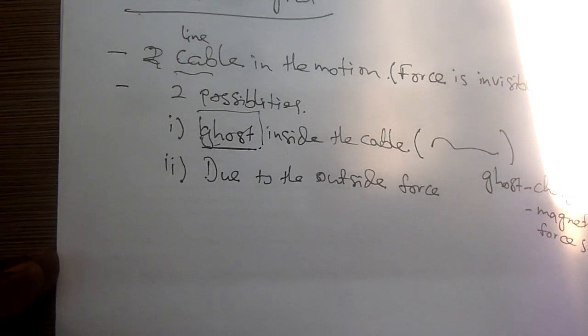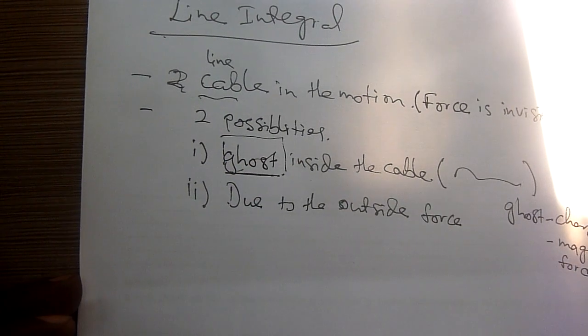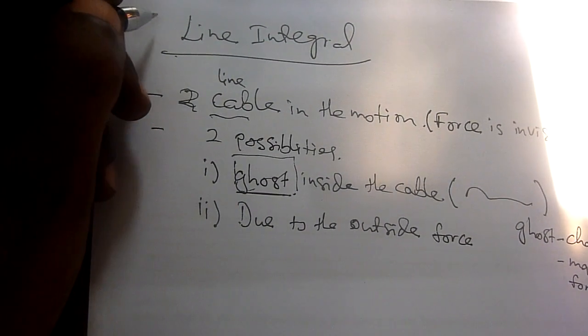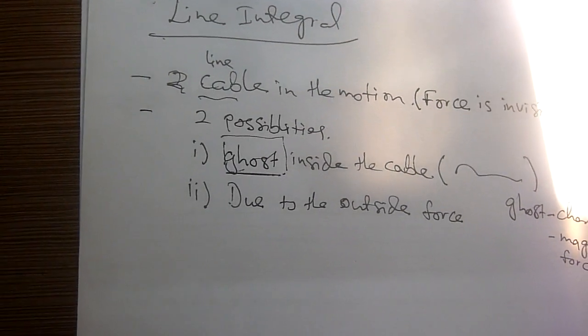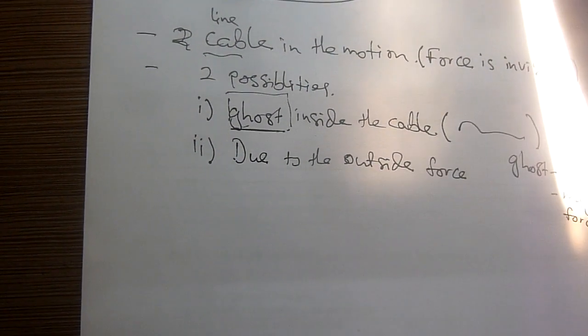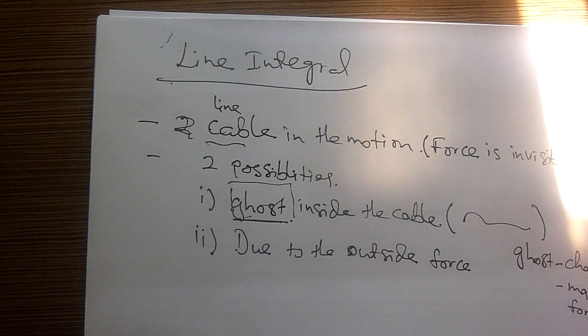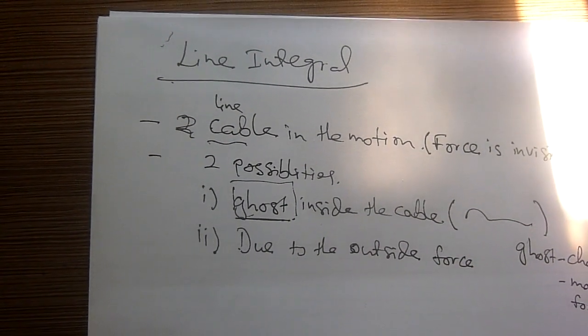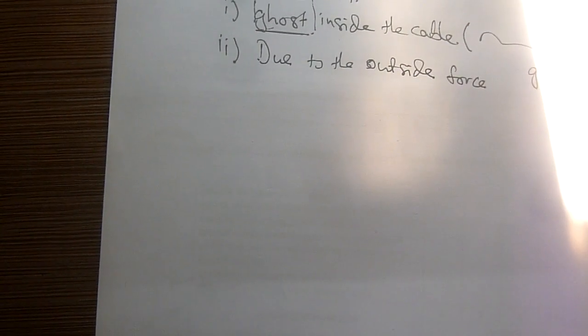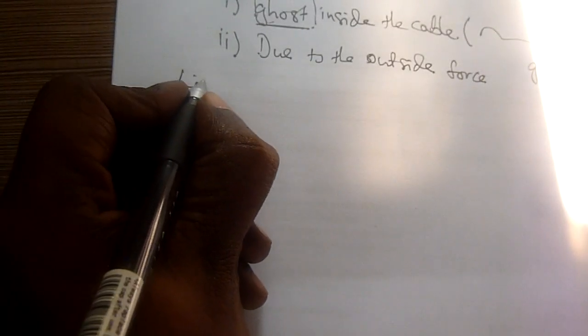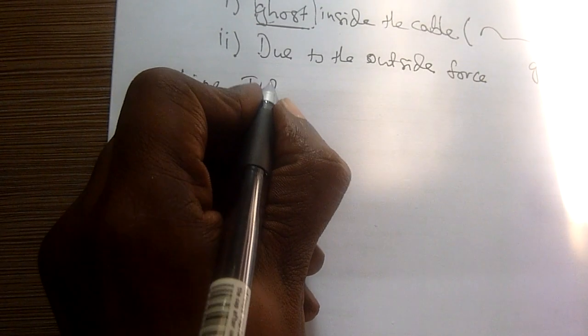This is a kind of intro to you. Later I will detail how the line integral can be used in the actual scenario. Now I have given you some idea what this line integral is. Do you able to follow me? Hope so. Now let me start with this line integral.